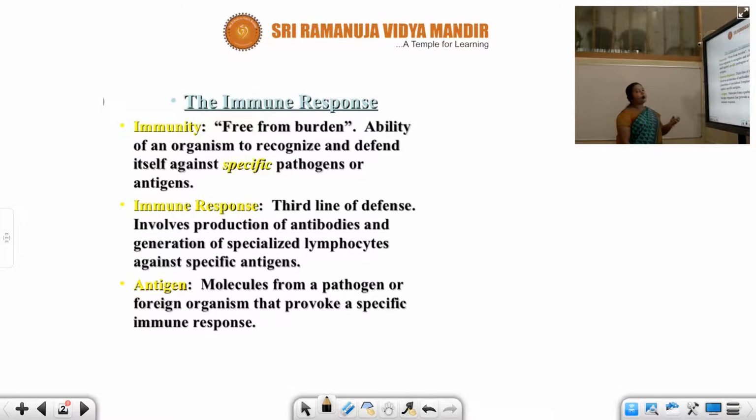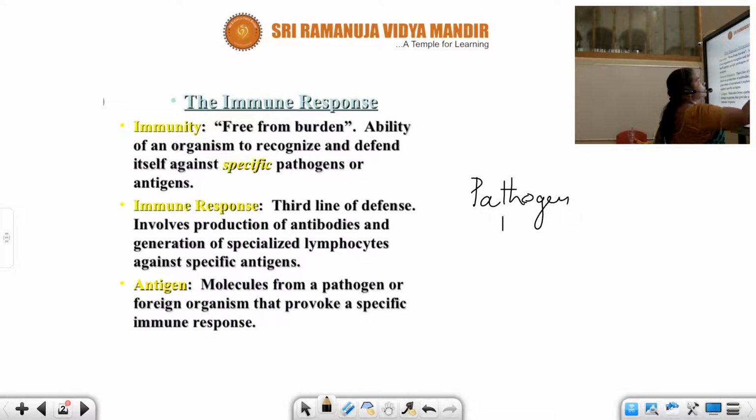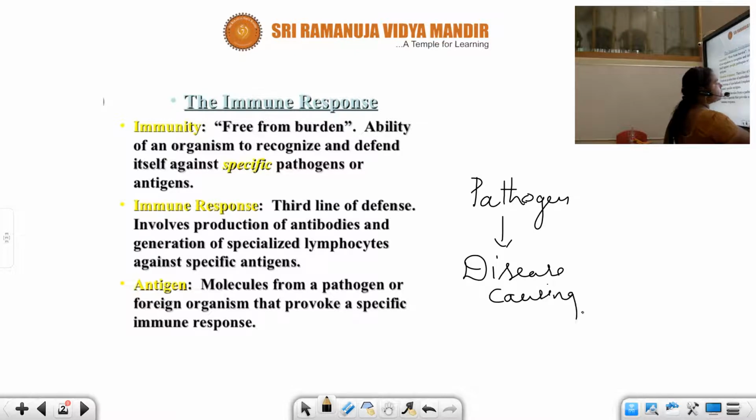See here, the ability of an organism to recognize and defend itself against a specific pathogen is what? Antigens. Here the word pathogen means disease causing agent.